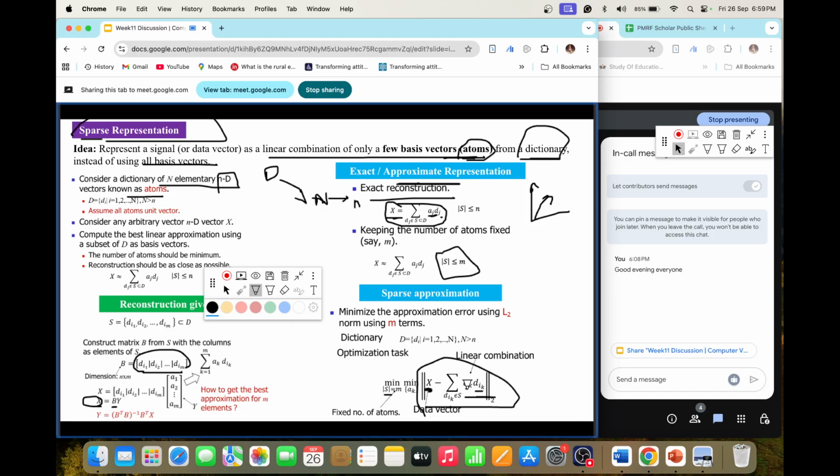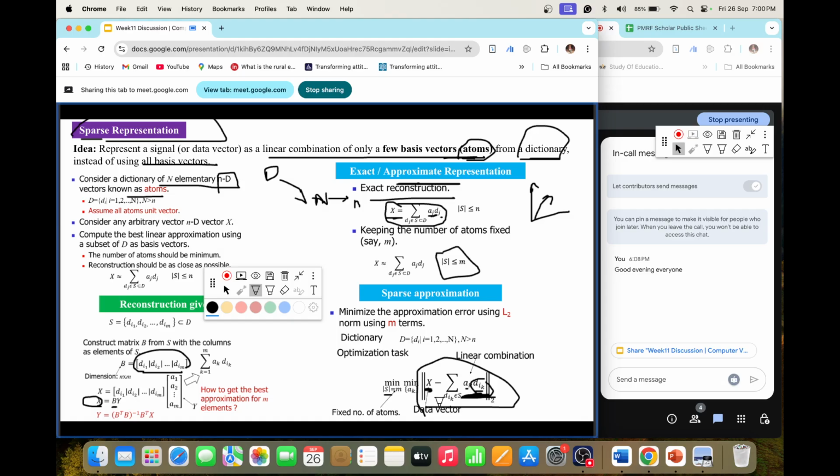The residue is x minus this thing. This is an approximation, because we are not taking all the dimensions, but only some of them. This is the approximated thing, and this is the actual data vector. So actual minus approximation, or actual minus prediction, is nothing but the error. So this is also known as error or residual.